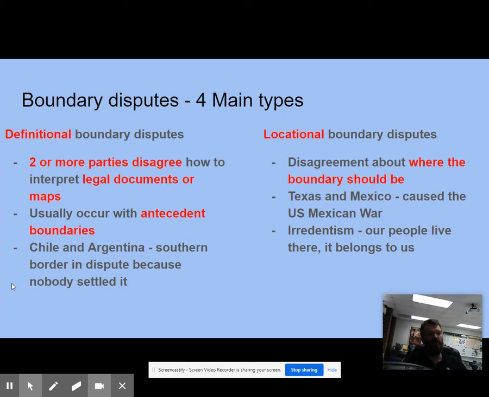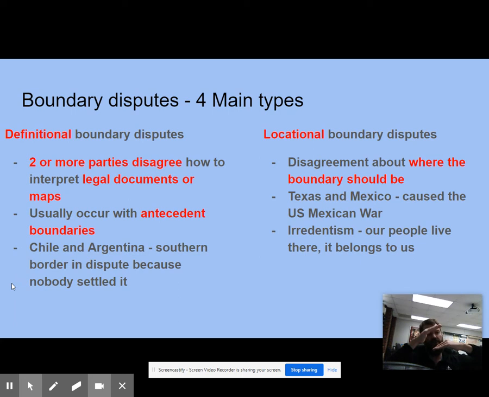Locational boundary disputes are about where the boundary should be. So in the U.S.-Mexican War, the Mexicans thought that the boundary was a river called the Nueces River, and the Americans thought that the boundary was the Rio Grande. The Nueces River is like right here, and the Americans thought that the boundary was right here.